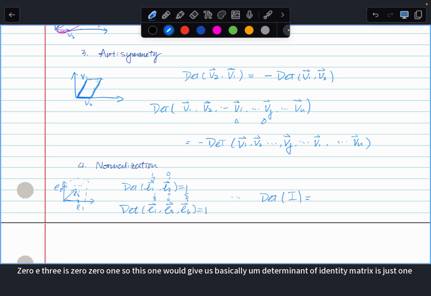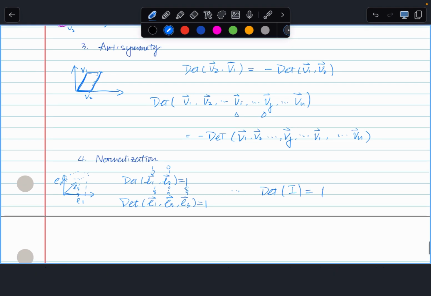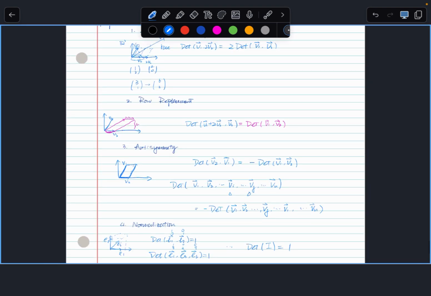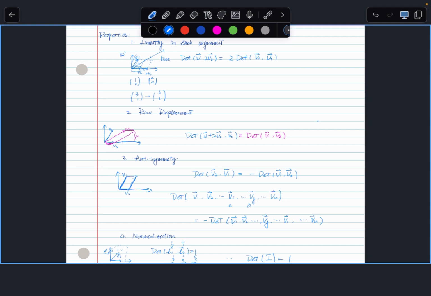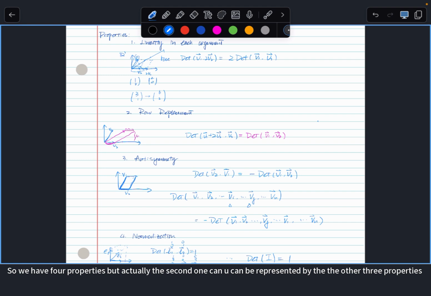So this would give us that the determinant of an identity matrix is just 1. So we have 4 properties, but actually the second one can be represented by the other 3 properties.